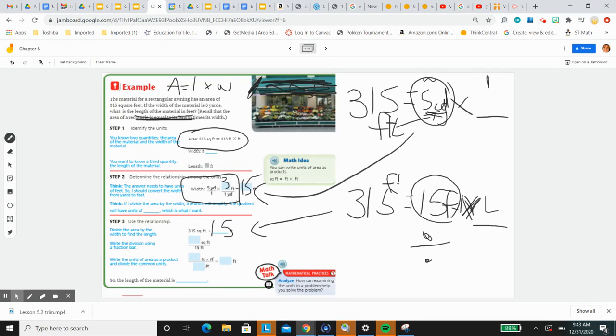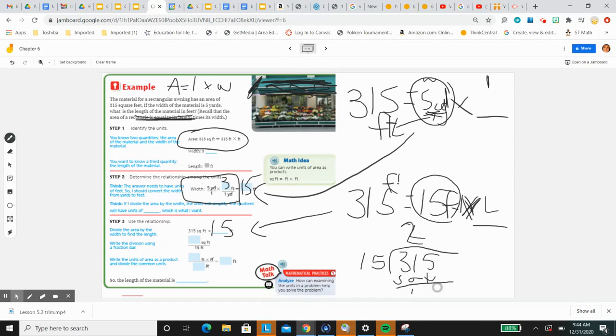Let's take 315 and divide by 15. 15 goes into 31 2 times. That's 30. That gives me 1 left over.